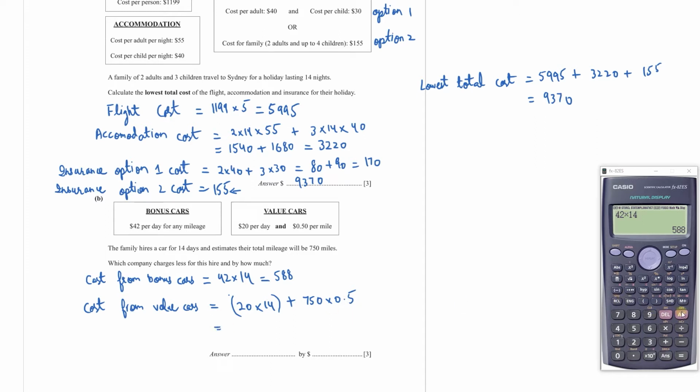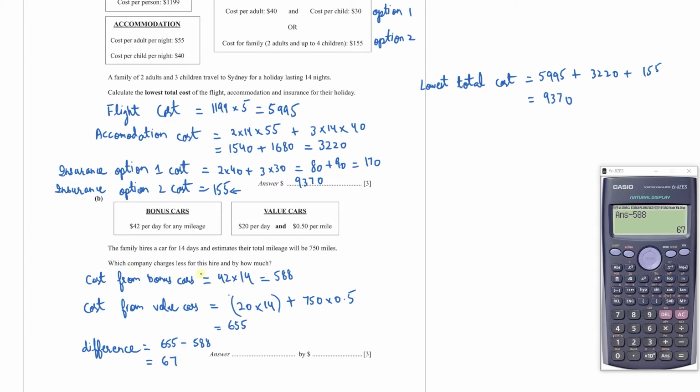So this will be 20 into 14 plus 750 into 0.05, which is $655. So the difference will be 655 minus 588, which is $67.